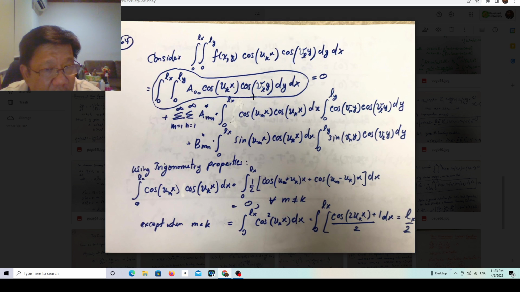And this small l is different from l sub x and l sub y, mu sub k and v sub l.